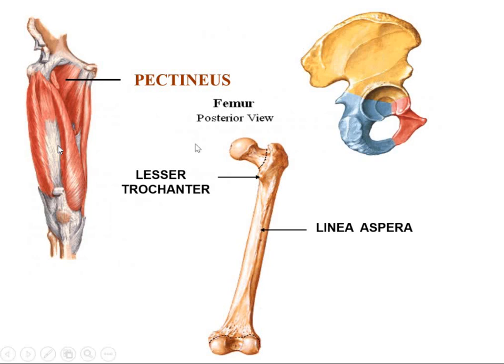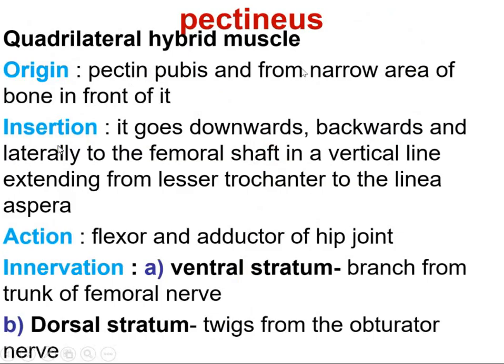Starting with the pectineus, we are already done with this muscle. This is the pectineus muscle, which forms the floor of your femoral triangle. It originates from the pecten pubis and from a narrow area of bone in front of it. Insertion is, it goes downward, backward, and laterally to the femoral shaft in a vertical line extending from the lesser trochanter to the linea aspera.